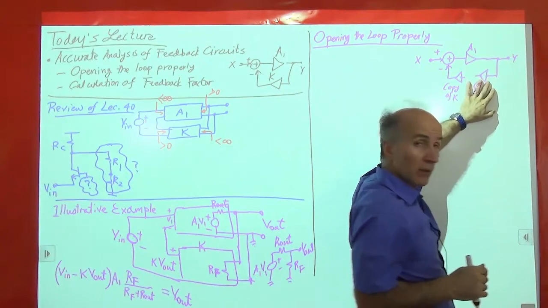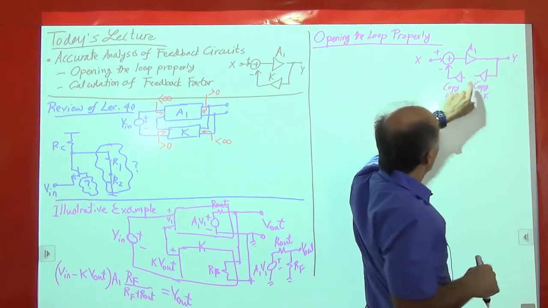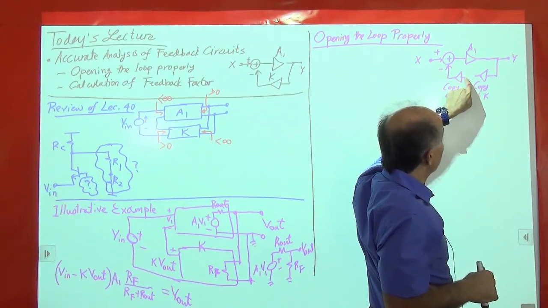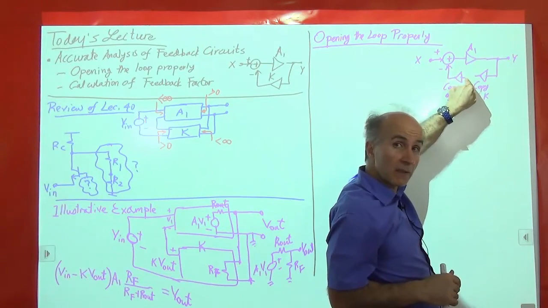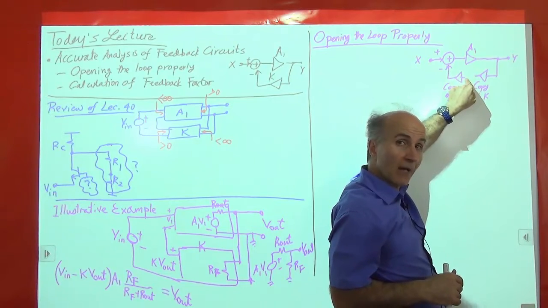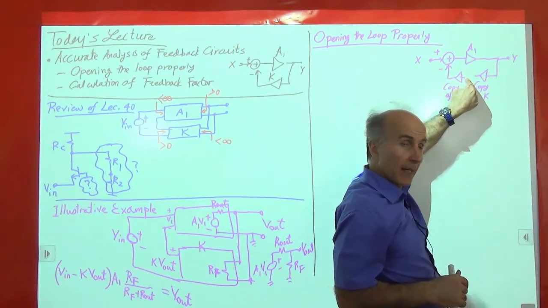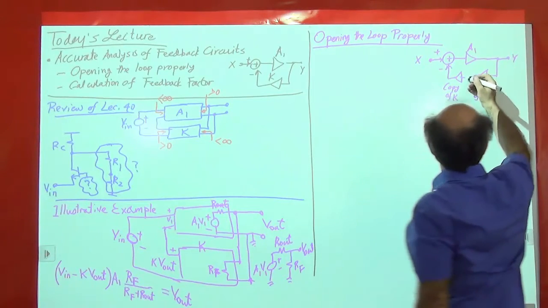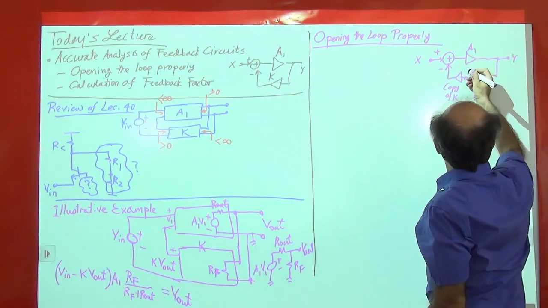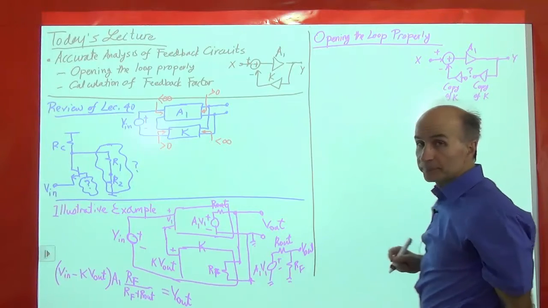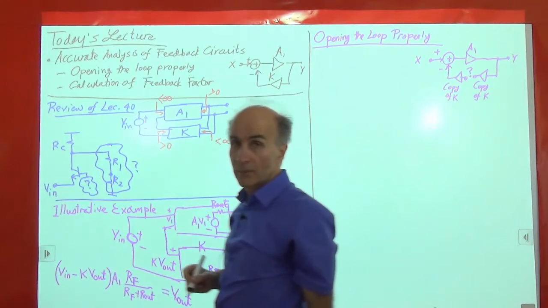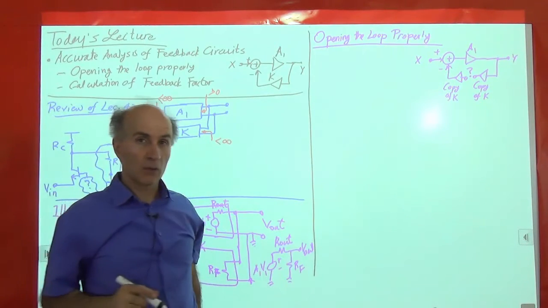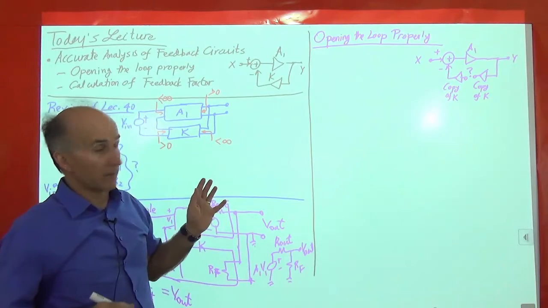But one other question that comes about is, what do I do with this node? Should I leave it floating, meaning is it open circuit, or should I ground it? Is it short circuit? And similarly, this node. What do I do with this node, right? So these nodes also have questions associated with them.